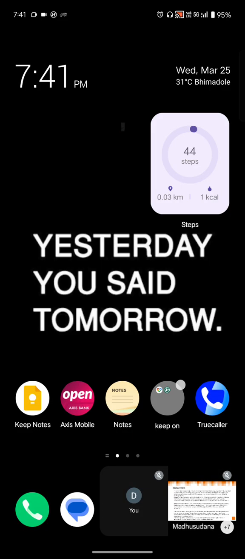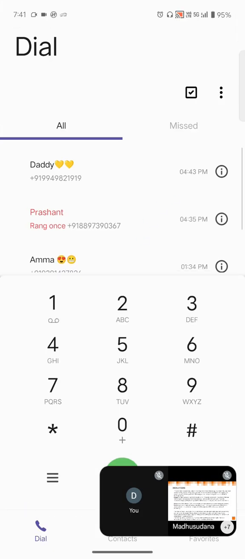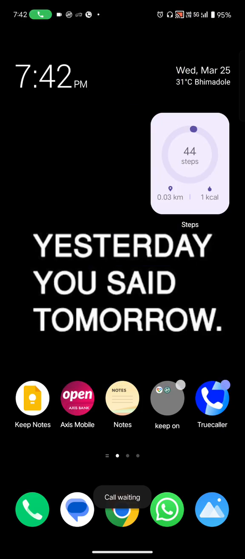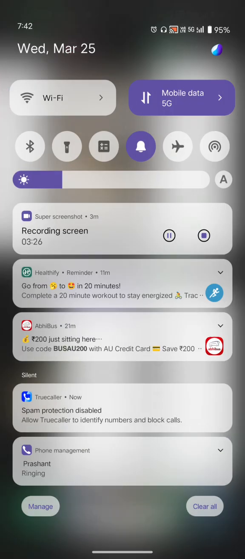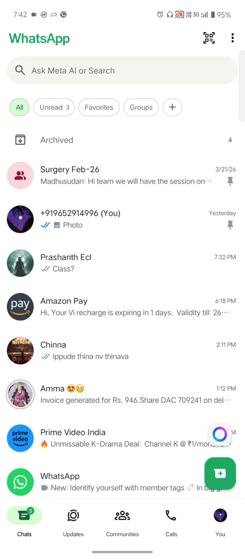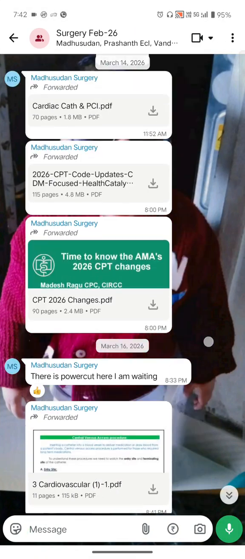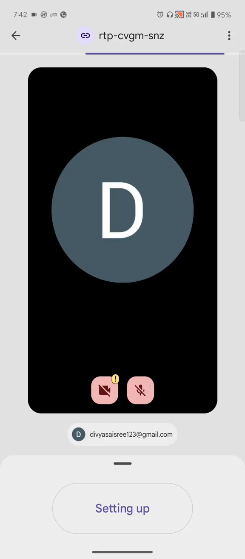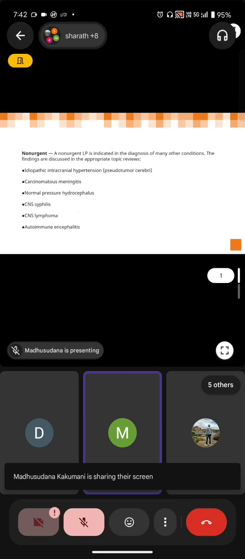Okay, the most common use of the LP is to diagnose or exclude meningitis in patients presenting with some combination. Cases where the doctor can do LP.